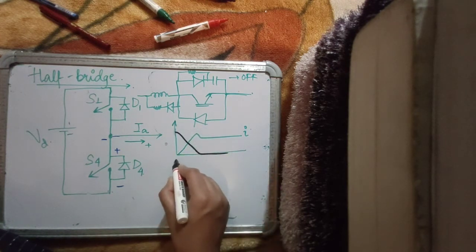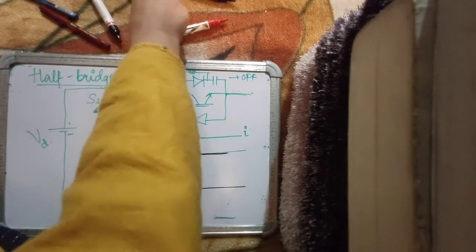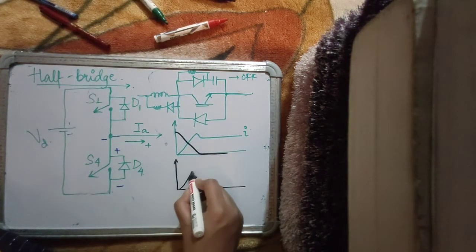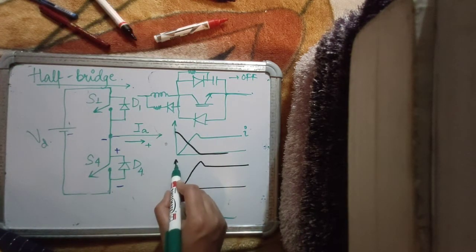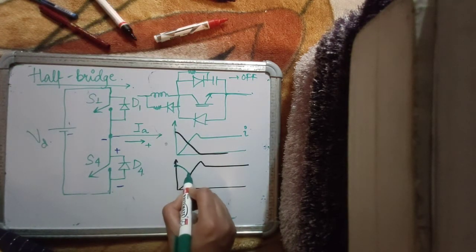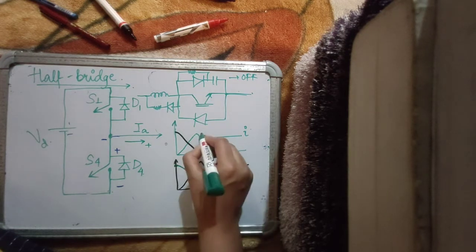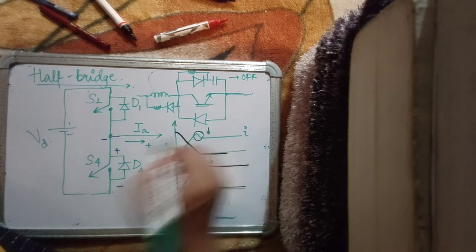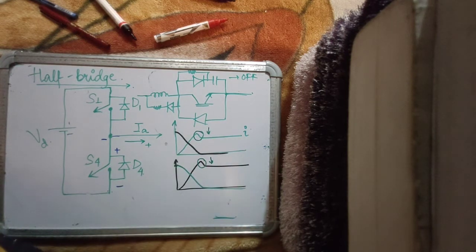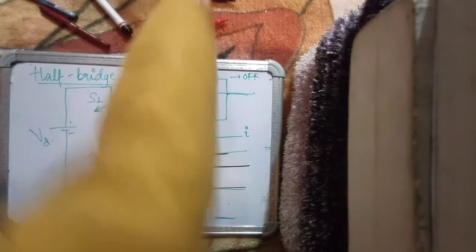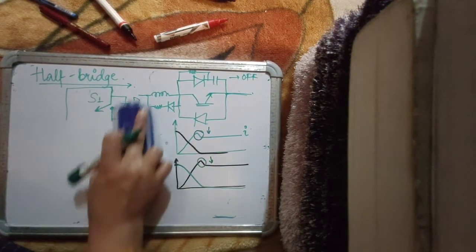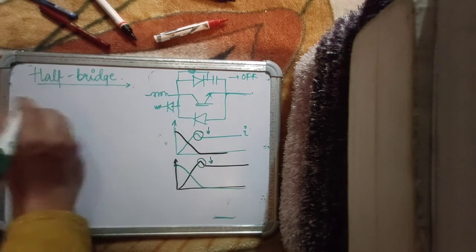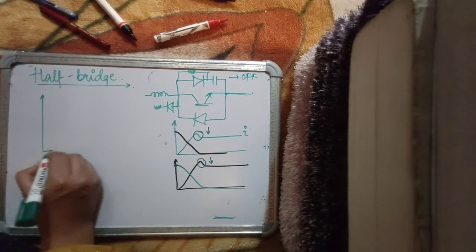Similarly, when you turn the device off, the voltage across the device will start rising and the current will start falling almost immediately. Also, these C dV by dt's and L di by dt's, their magnitudes will be lesser, which also means that with a snubber in a diode clamp circuit, you are modifying the trajectory.